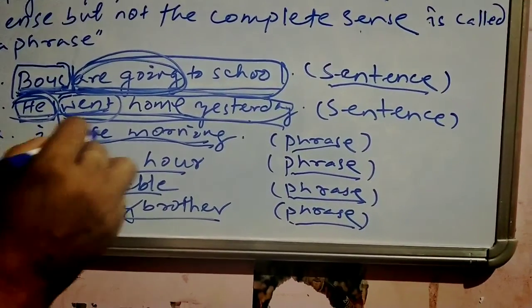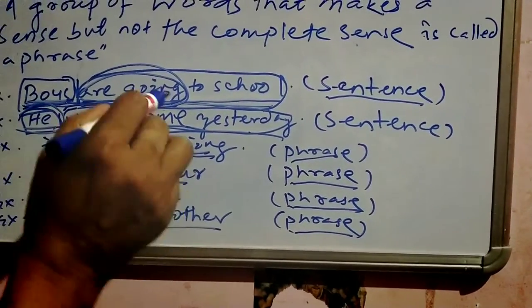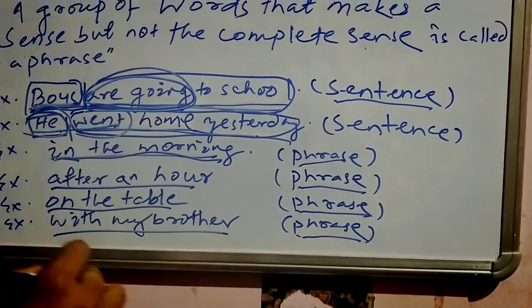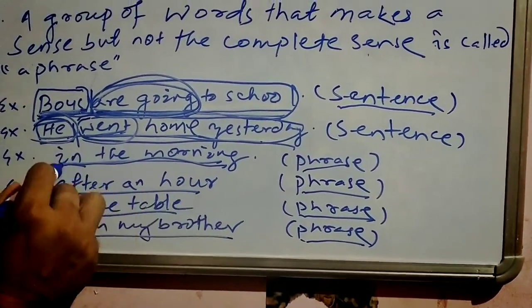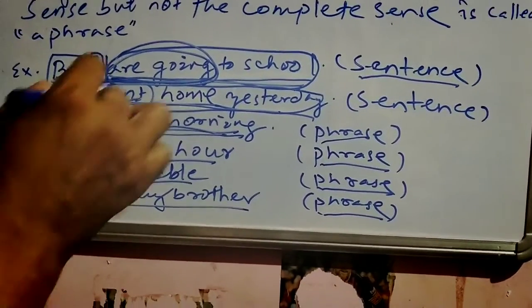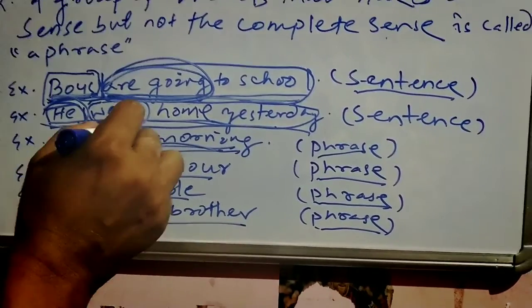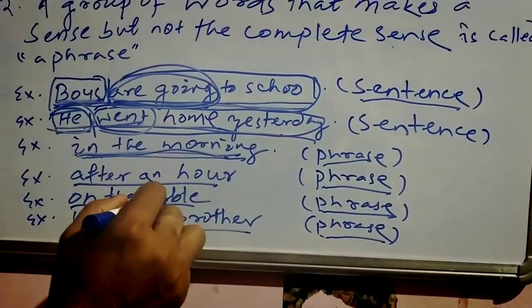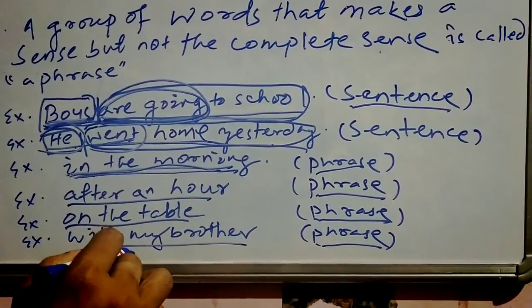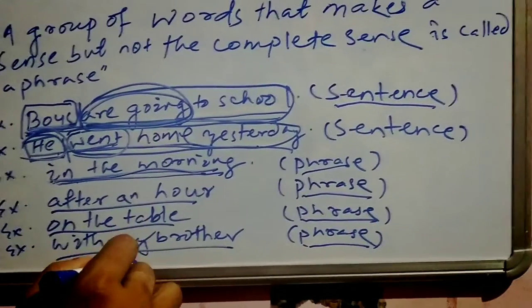Though it has some words giving a meaning, but not a complete meaning, it is a phrase, right? So we learn that in a phrase we have some words but not the verb.